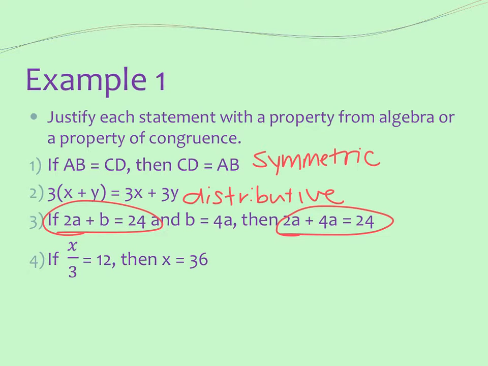Good. You took out the b and replaced it with the 4a, which is substitution. And the last one, if x over 3 equals 12, then x equals 36. How do we get from the if to the then? Multiplication. Good.